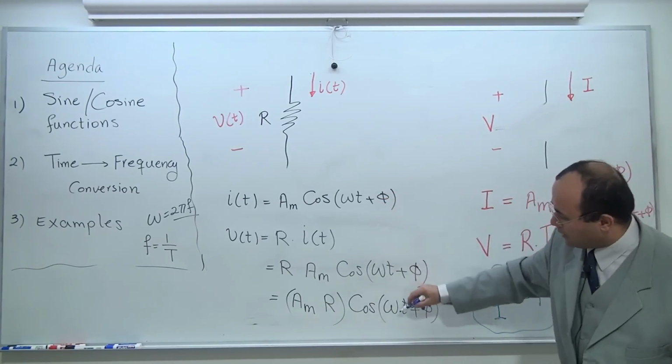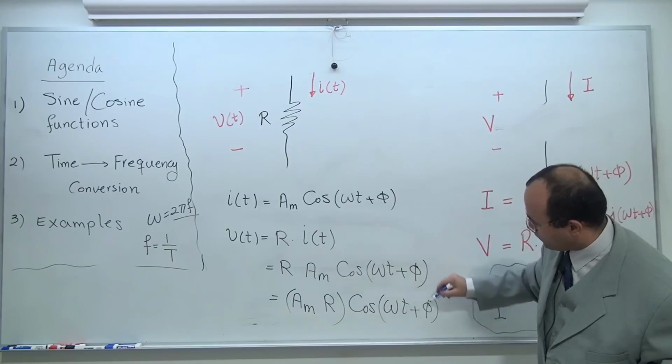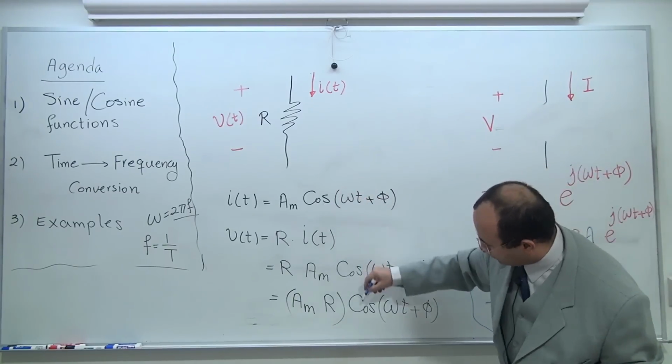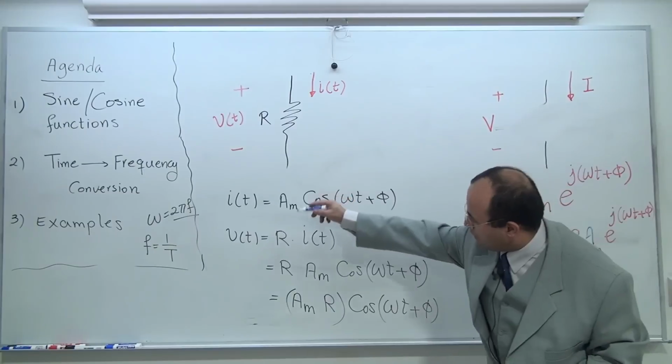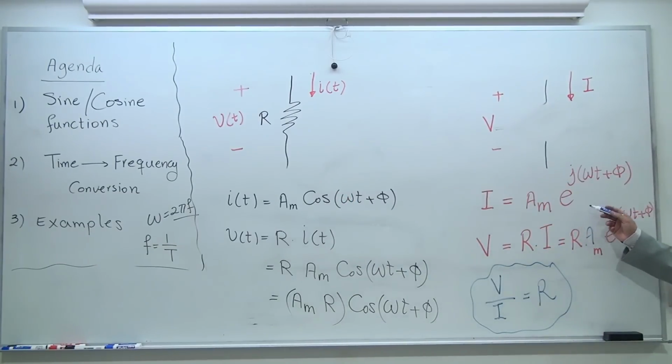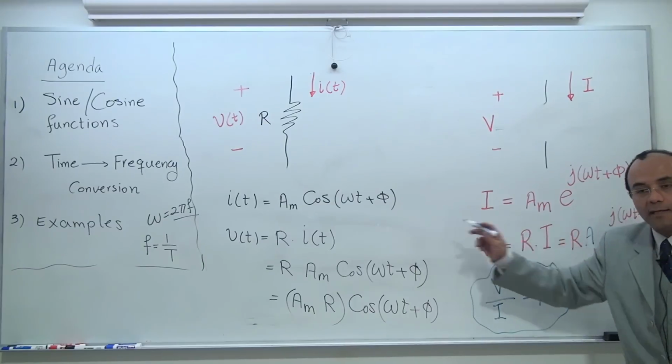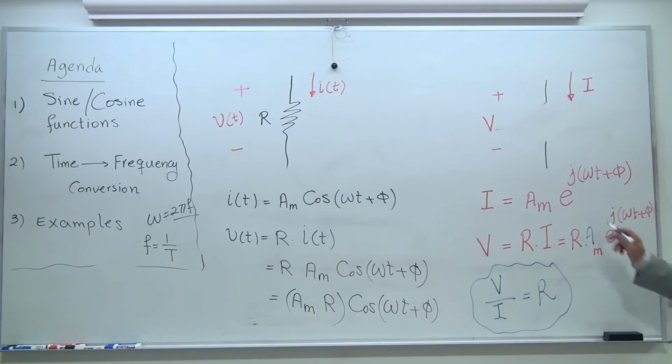The understanding is the frequency is not changing, the phase shift is not changing, cosine is going to remain cosine. All I'm witnessing at this time is the application of Ohm's law, both in frequency domain and time domain. So I'm going to make a simple judgment.